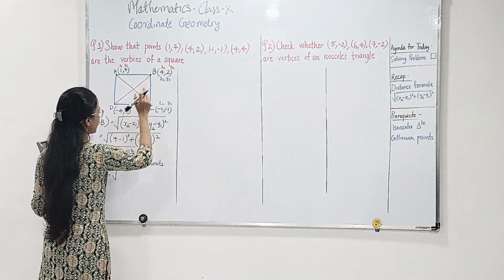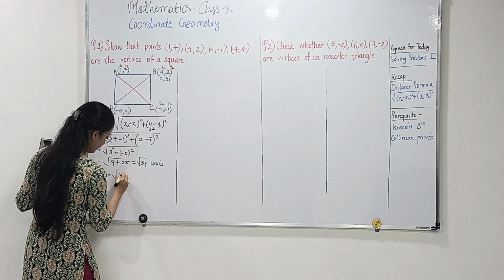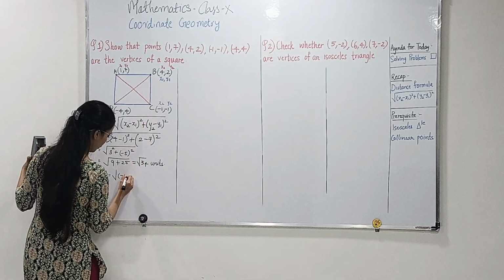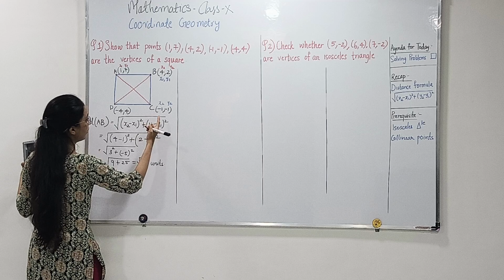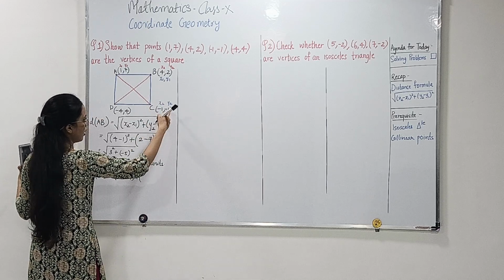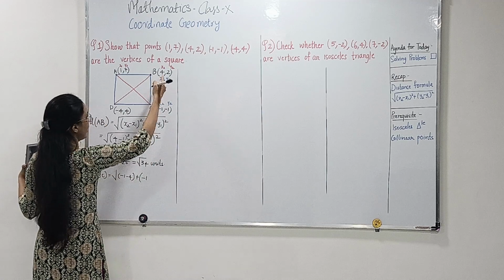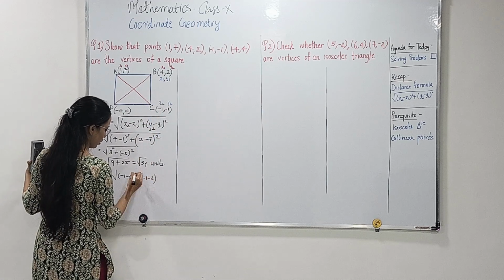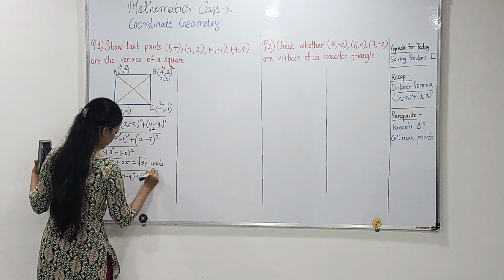So now your x2 is minus 1 and x1 is 4. So minus 1 minus 4 plus y2 is minus 1 and y1 is 2, the whole square.